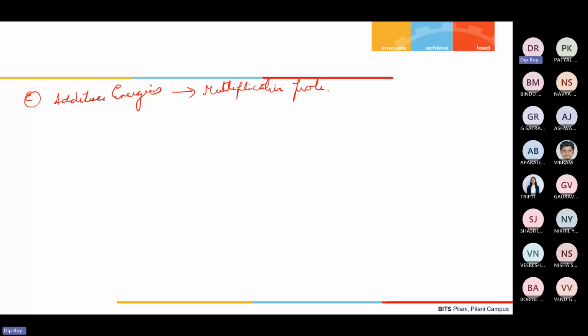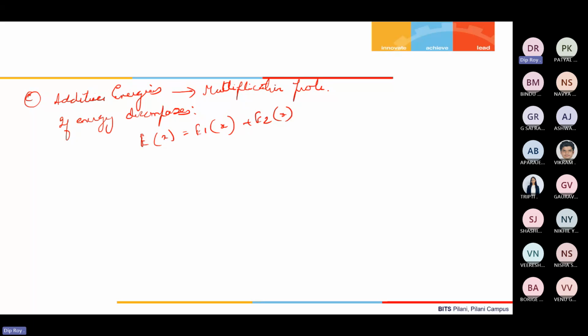It means that if energy decomposes, we can write it like this, as a decomposition.